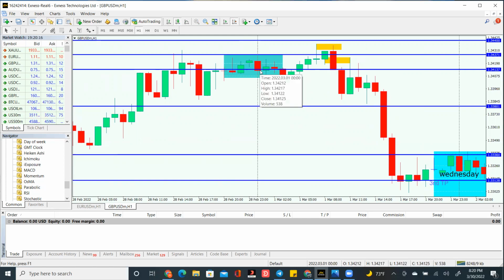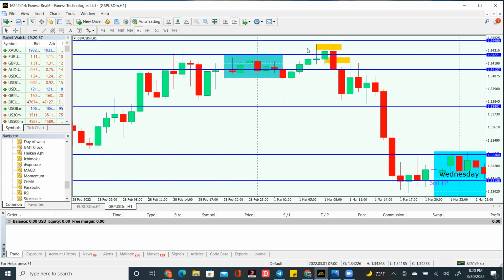At the close of this candle, that is 12:59 a.m. When this candle opens here, it is exactly 1 a.m. So this will be 1, 2, 3, 4, 5, 6, 7, 8, 9.